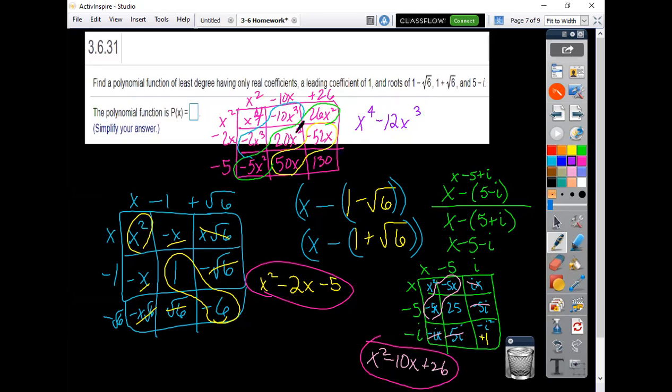Oh boy, how much do I have here? I've got 46 minus 5 would be 41x squared. And I've got two extra negatives there. And lastly, my plus 130 for my final answer to put in this little box right here. All right, so that's problem 3.6.31. Wow.